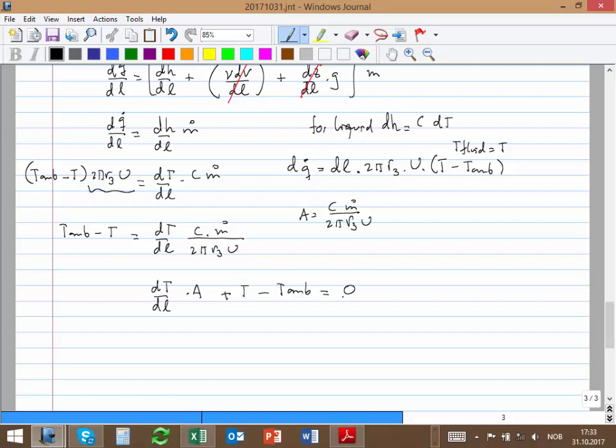So how do I solve that equation? You have something called the integrating factor. Remember that method? You multiply something with the whole equation, and then you can do the variable separation. So I'm going to multiply the whole equation by e to the power of L divided by A. Let's see if it works.